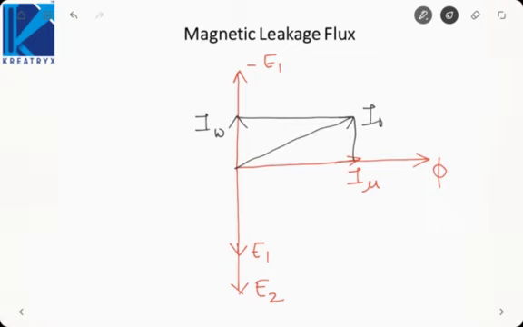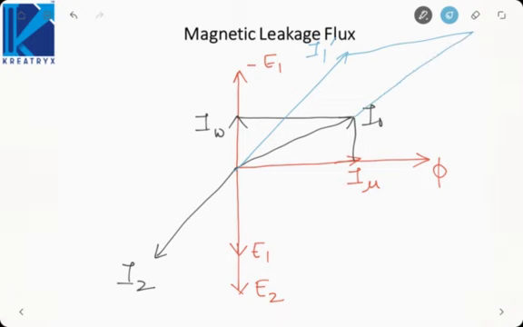And with E2 I will take the current I2, and in the opposite phase we will consider the current I1 dash, that is K I2, and the sum of this current and the no load current will give me I1.